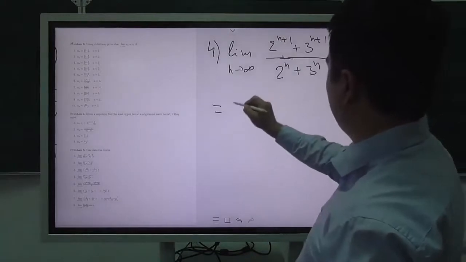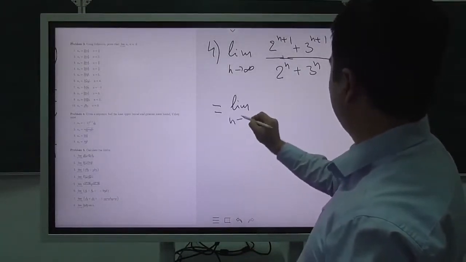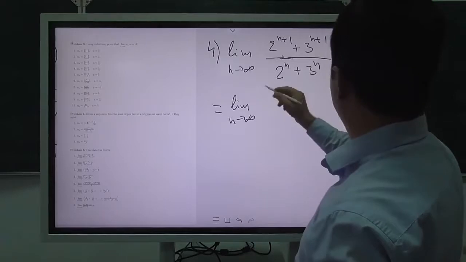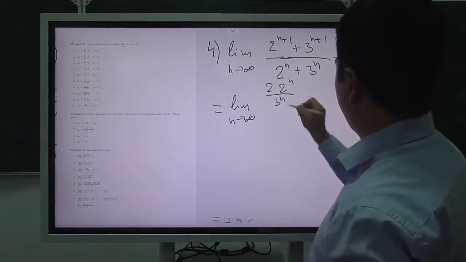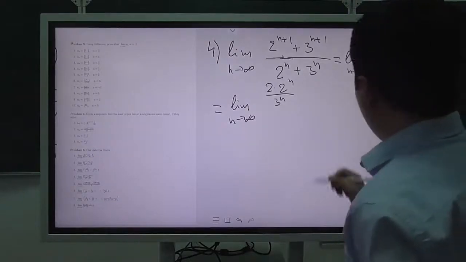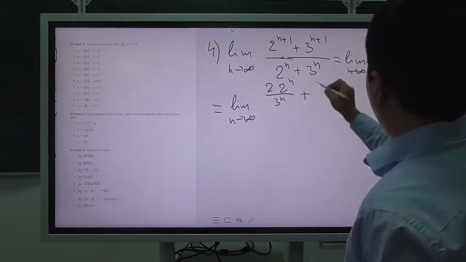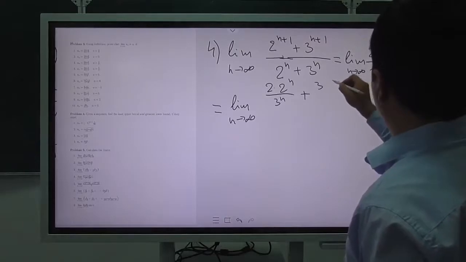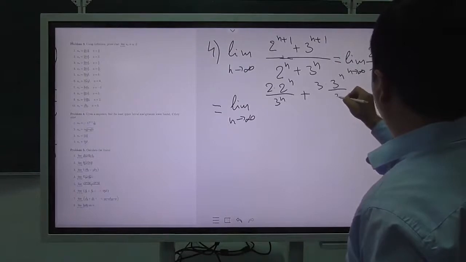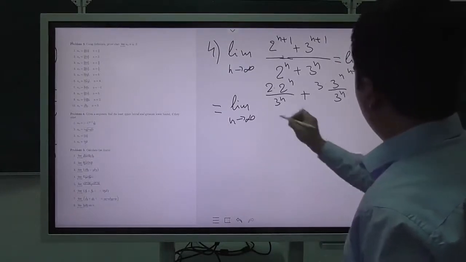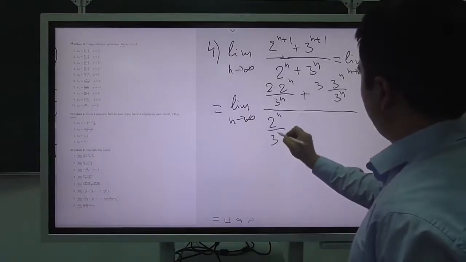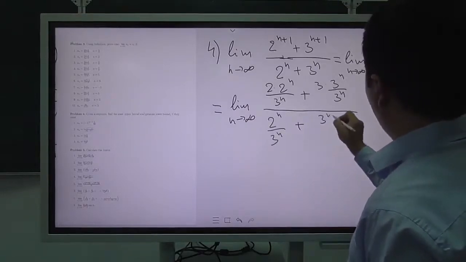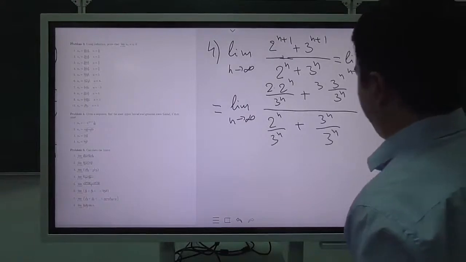And we get the limit as n tends to infinity of 2 times 2 to the power of n over 3 to the power of n plus 3 times 3 to the power of n over 3 to the power of n, over 2 to the power of n over 3 to the power of n plus 3 to the power of n over 3 to the power of n.